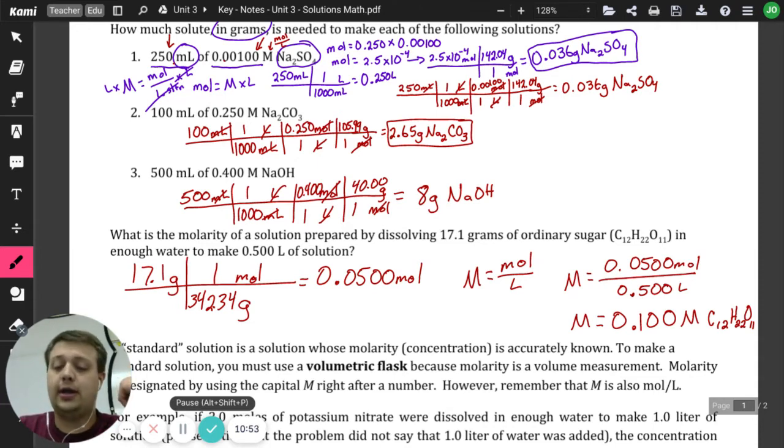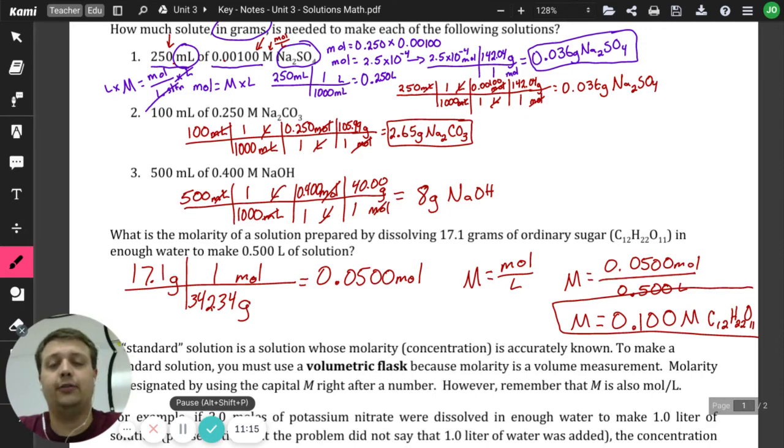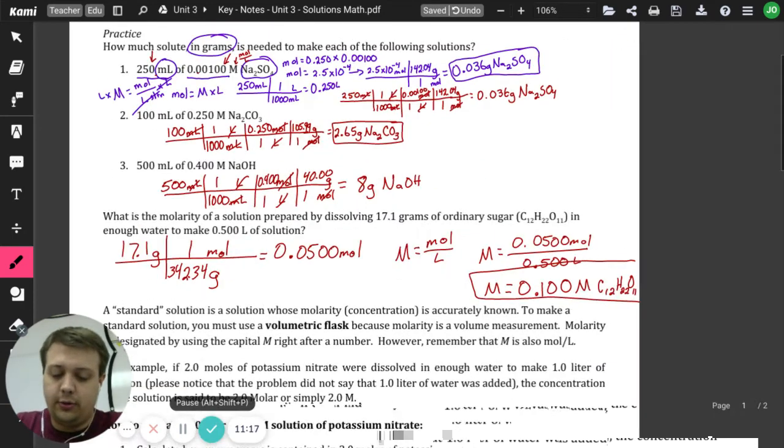So my molarity equals 0.0500 moles divided by the volume they give us, which is 0.500 liters. And when we do that, we should find that our molarity, our concentration, equals 0.100 molarity of C12H22O11. So this would be our final answer. All right. So there is that.